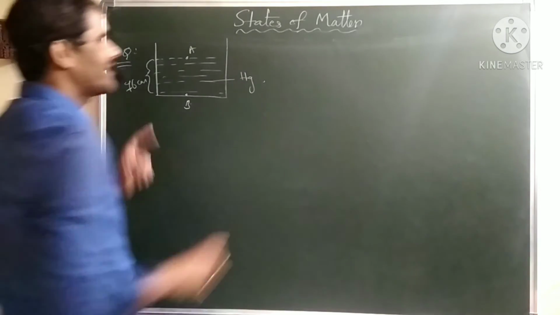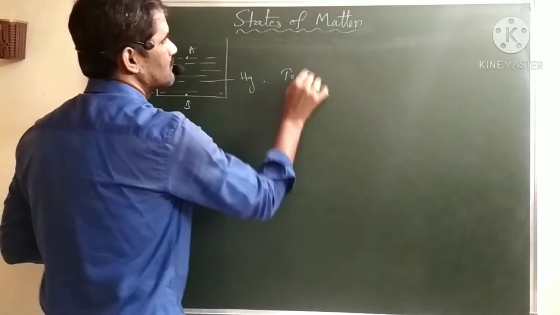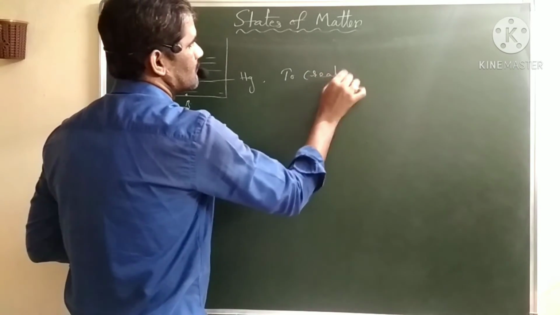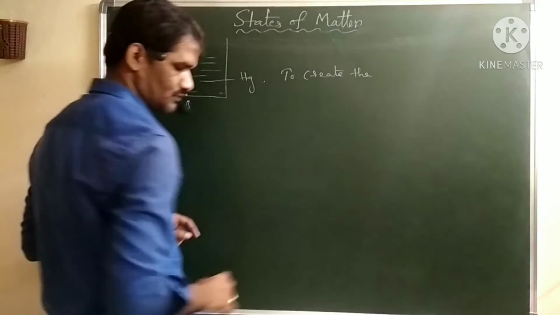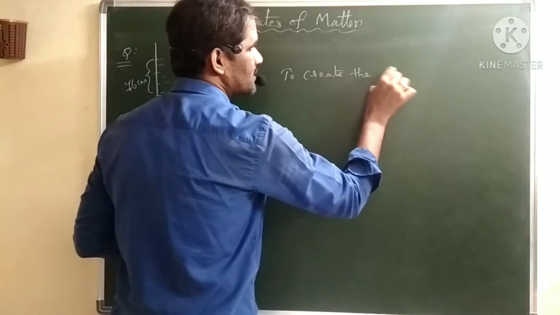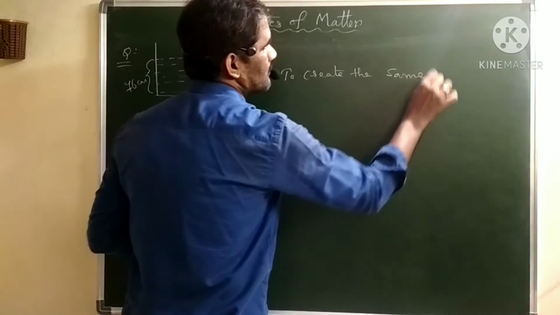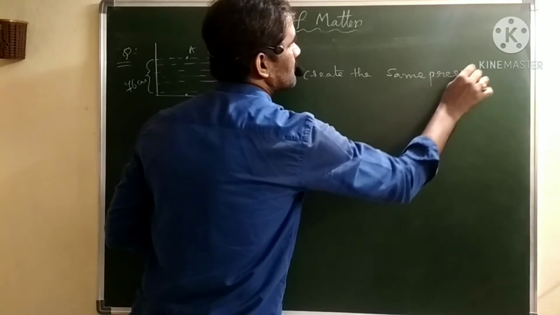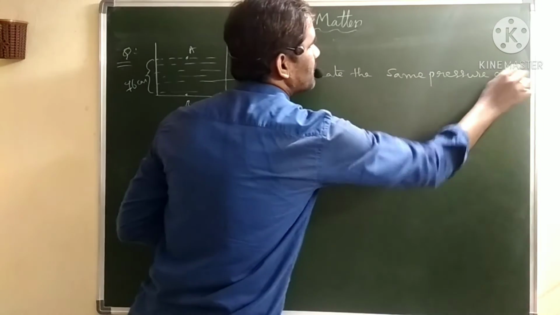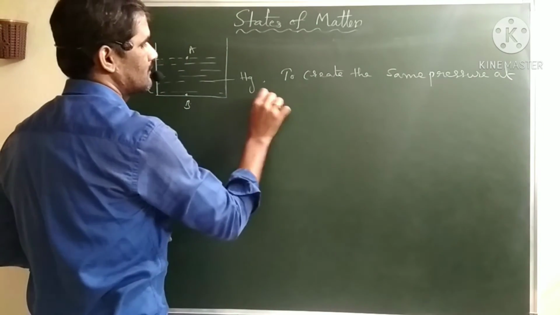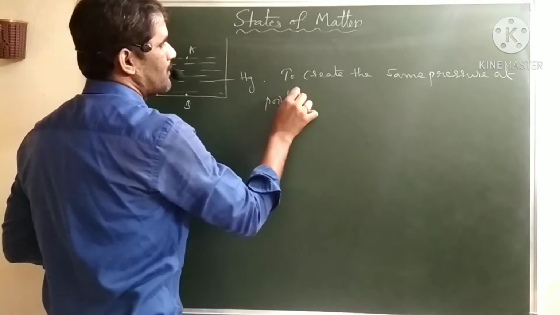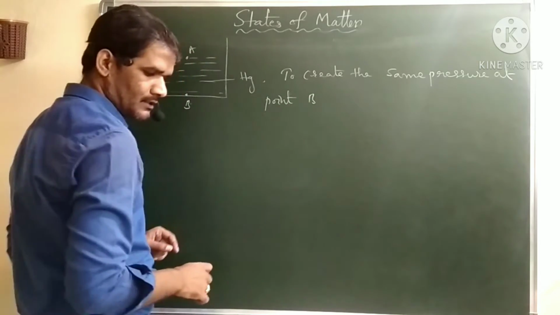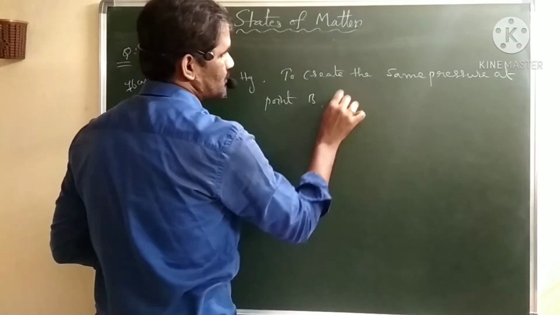Then to create the same pressure at point B, what height of water should be taken?